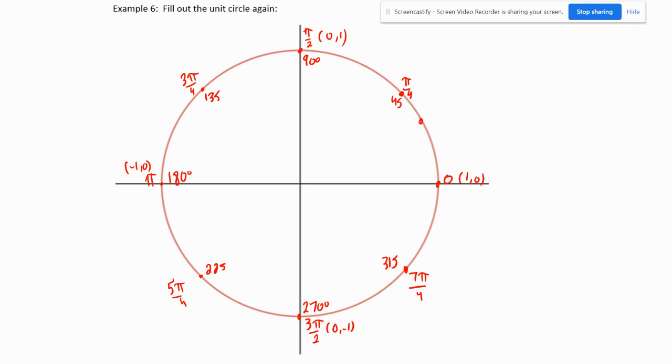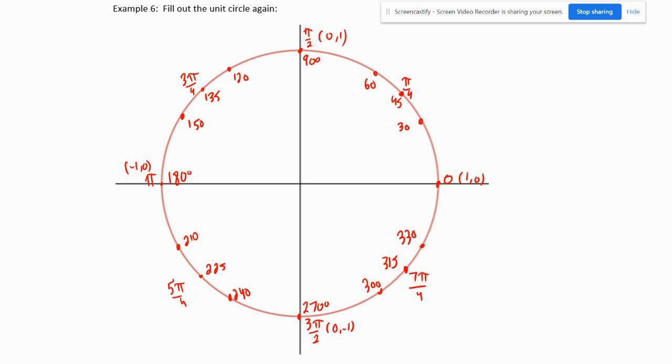The other ones, we're now going up by 30. So I have 30, 60, 90, 120, 150, 180, 210, 240, 270, 300, and we have 330. The way we did this is that if I go 180 and divide 180 by 6, I get 30.